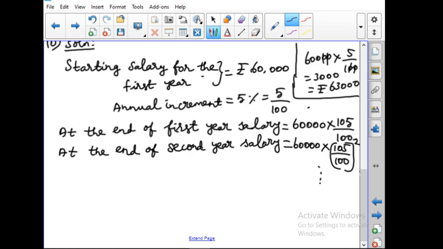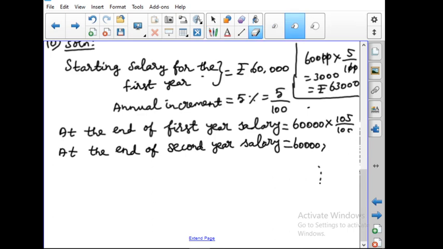First year salary means we get 60,000 into 105 by 100. Second year salary we can write like this. Third year means 60,000 into 105 by 100 whole power 3. Continue this way.